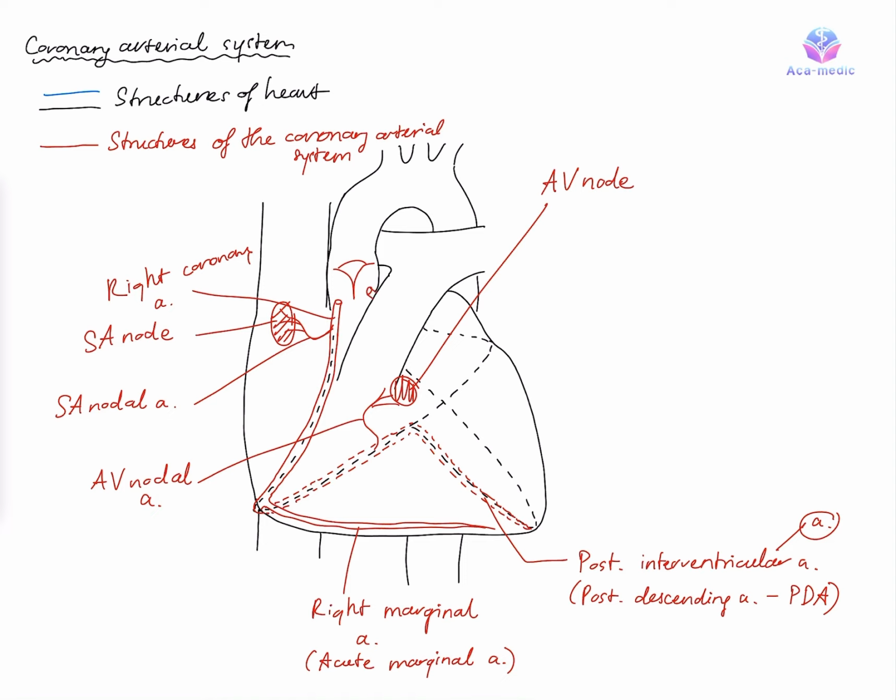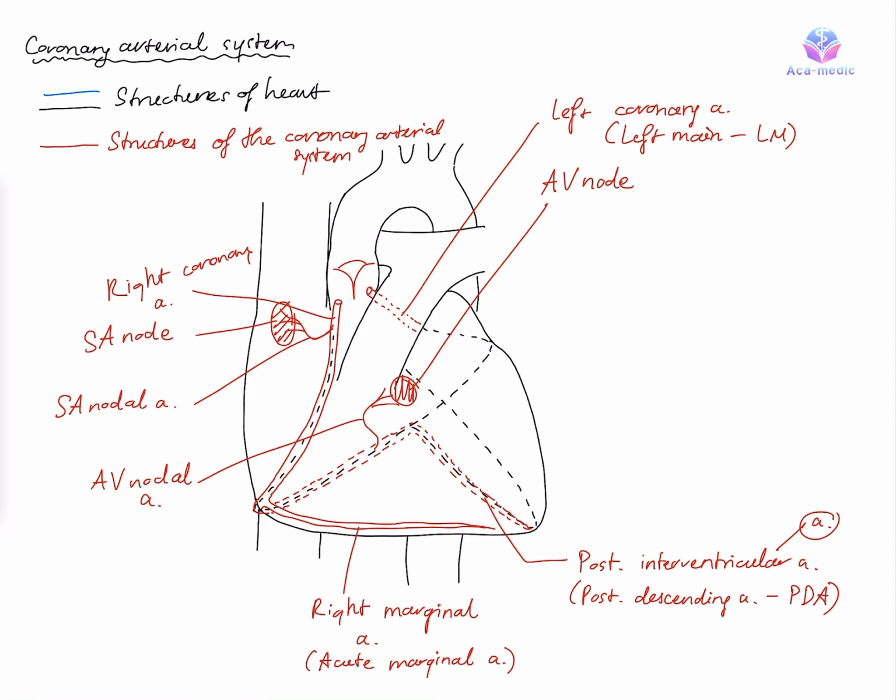Then it runs behind the pulmonary trunk just a little bit. Right here, it is called either the left coronary artery or simply left main artery in clinical terms, LM.